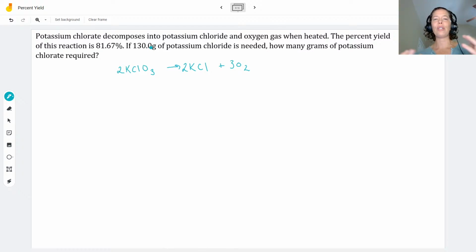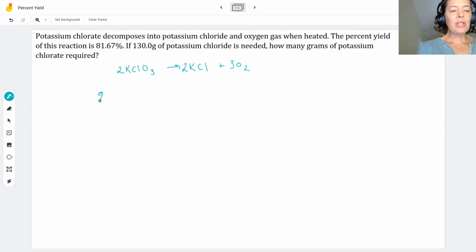There's usually some waste. If you've done your Gen Chem labs, you've probably calculated percent yields, and you're not going to get 100%, but hopefully you get close. So what I am going to do first is use my percent yield calculation to figure out what my theoretical yield needs to be.